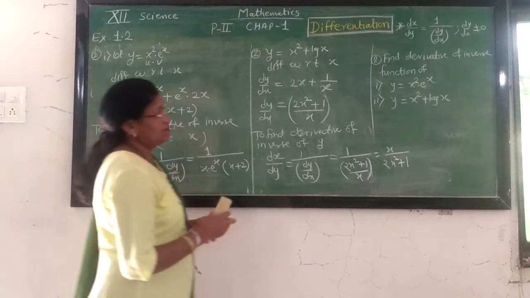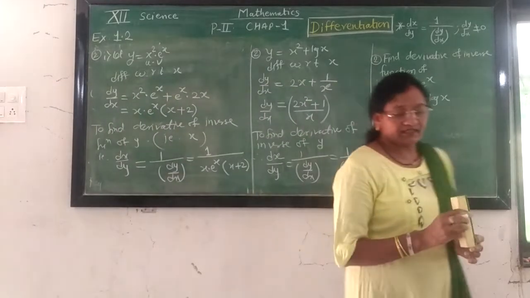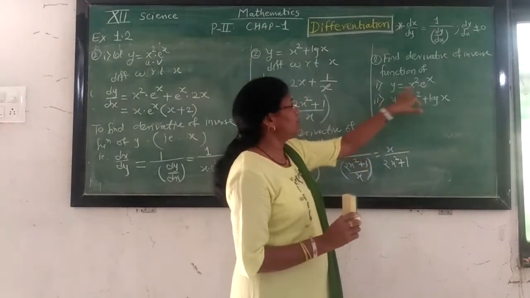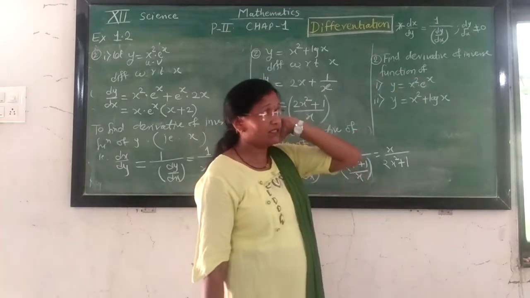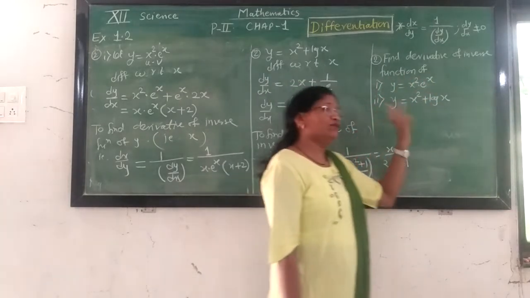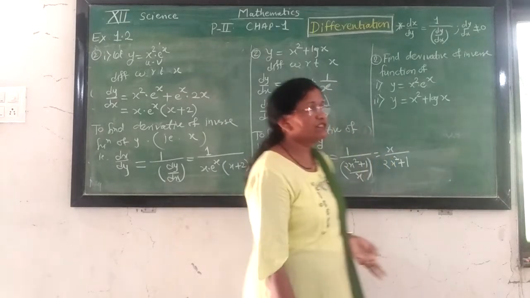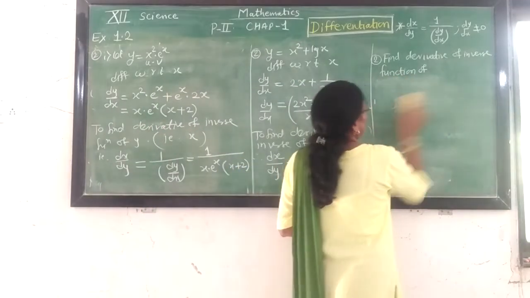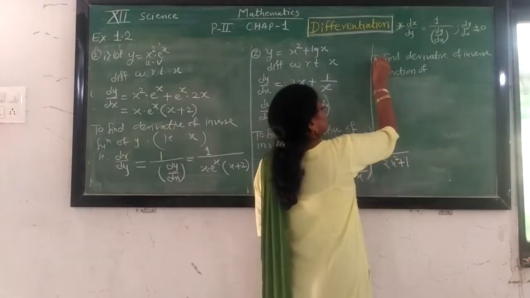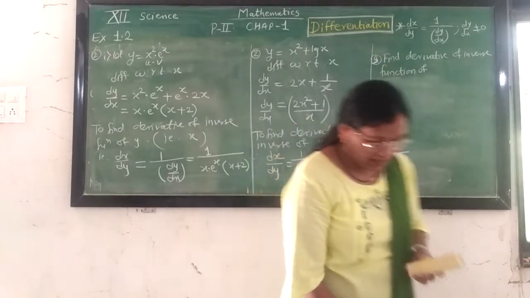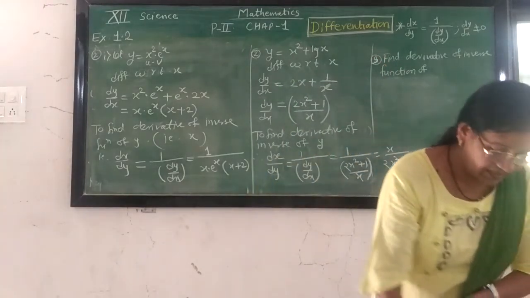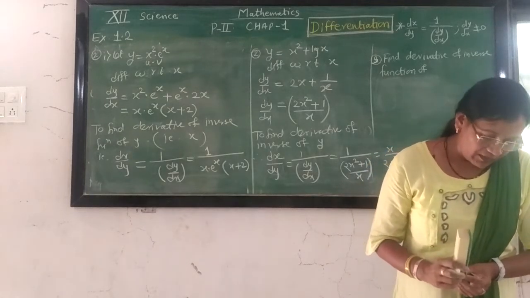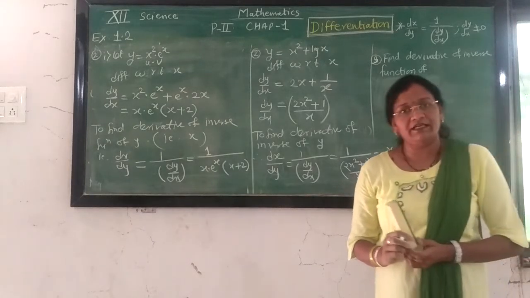Now, third example of the same exercise, where you use the function in the form of a product or addition or division, but you have to find a particular value, meaning the value of x is provided to you. Therefore, we take an example from the same exercise, type 3: find the derivative of the inverse function and also find its value at the points indicated.